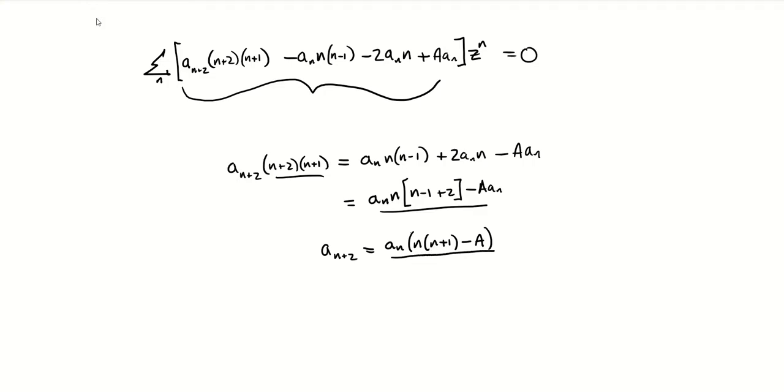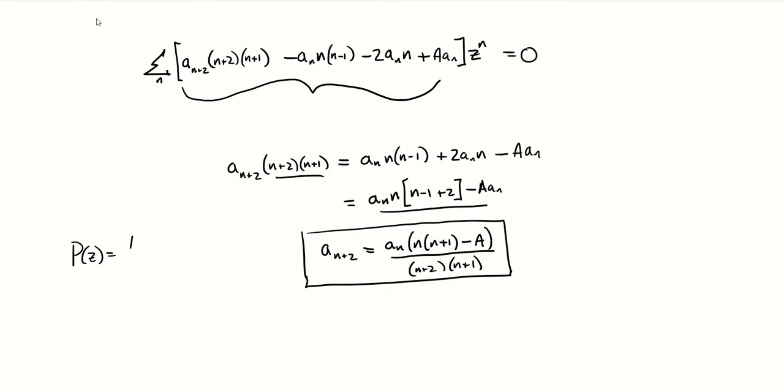So this gives us a recursion relation that answers how we get each a sub n in our power series solution for P sub z, equal to the sum over n equals 0 to infinity of a sub n z to the n. And this tells us our function. If we can figure out these a sub n's, we have the recurrence relation relating them all.